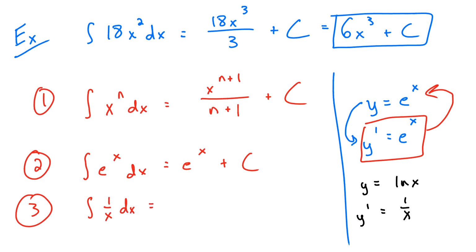Well, if I were to integrate that function, the antiderivative of 1 over x, that would be natural log of x. Now there's one small difference here when we work with natural log, and that's that we should have natural log of absolute value of x. And this is going to just help us with the domain of the natural log function, because the domain of natural log is restricted to only positive numbers, whereas the domain of 1 over x is all non-zero numbers.